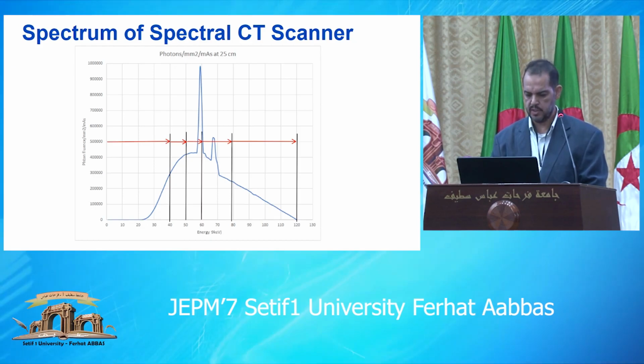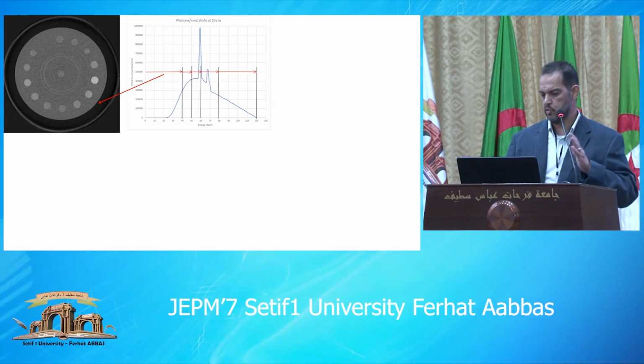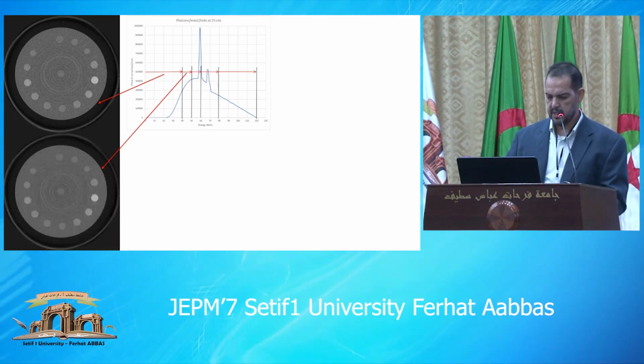We set the thresholds at 40, 50, 60, 79, and we can get images corresponding to these different energy windows. This is the image that corresponds to the photoelectric region, from 0 to 40 kiloelectron volts. This is the second energy window, between 40 and 50, and so on.